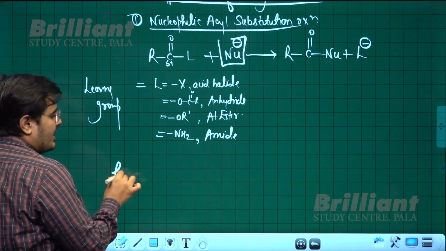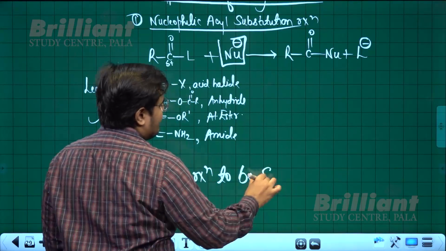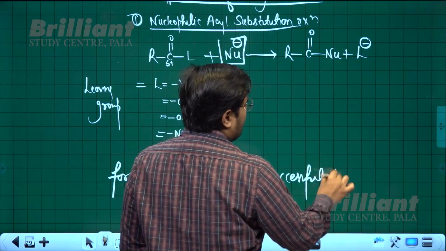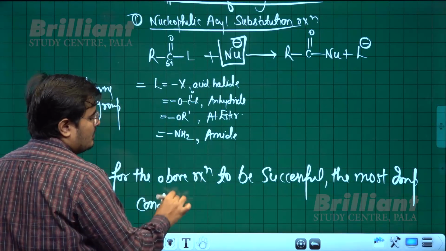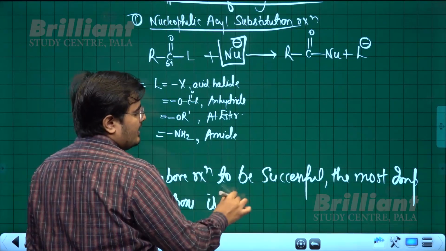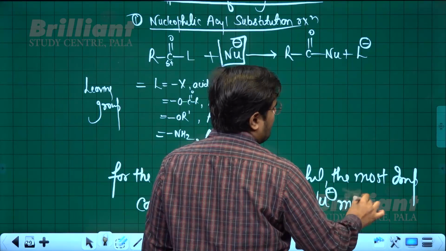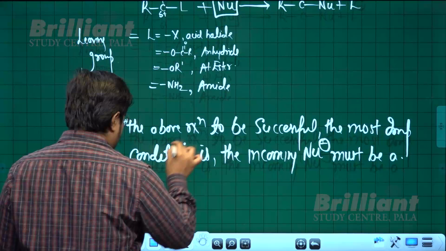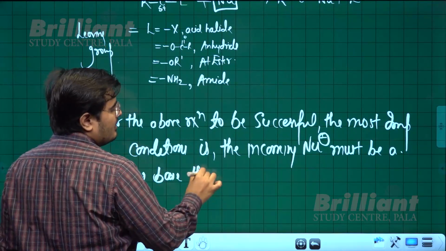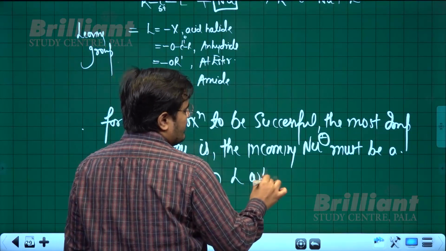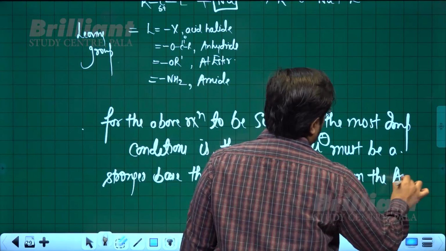So now for the above reaction to be successful, the most important condition is that the incoming nucleophile must be a stronger base than L which is present in the acid derivative.